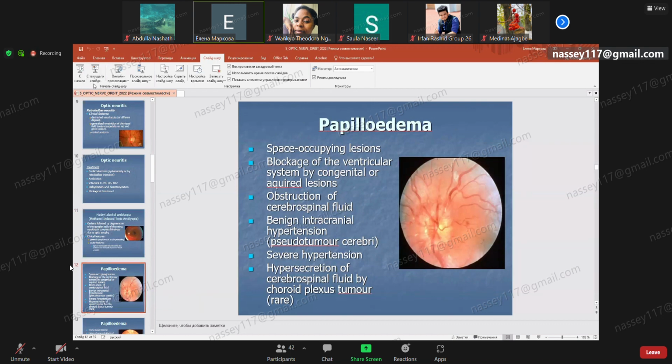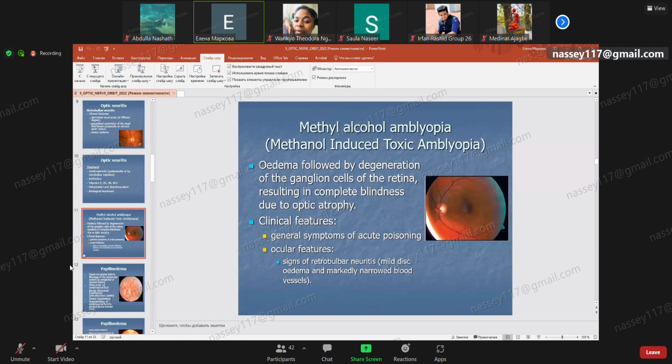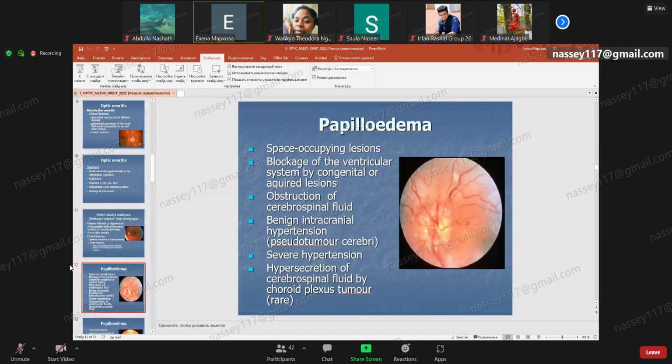The next thing, papilledema. I said some minutes ago that all pathologies of the optic nerve disc can be divided into two types, inflammatory and non-inflammatory. Papilledema is a combination because it depends on the etiology.